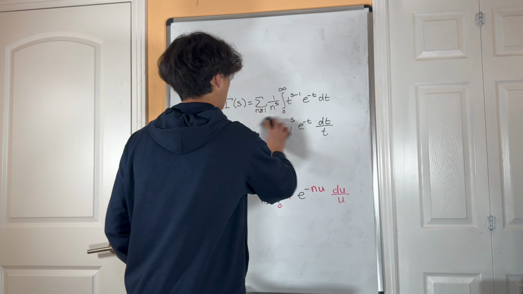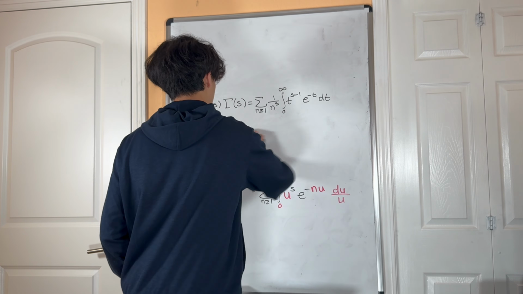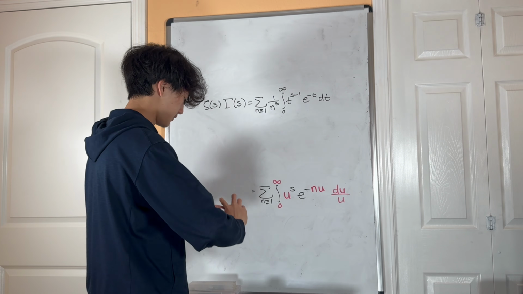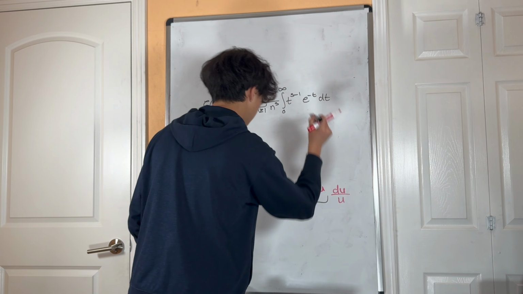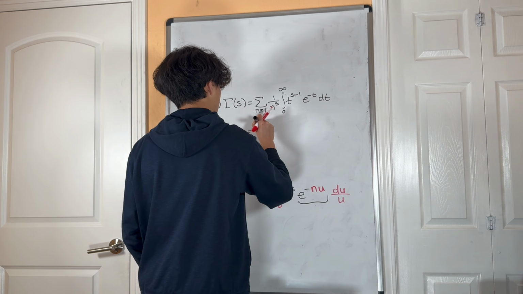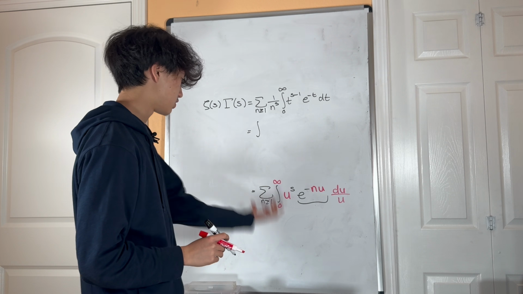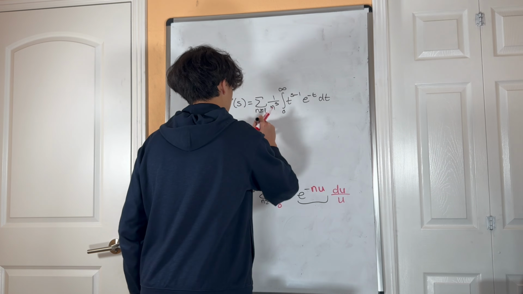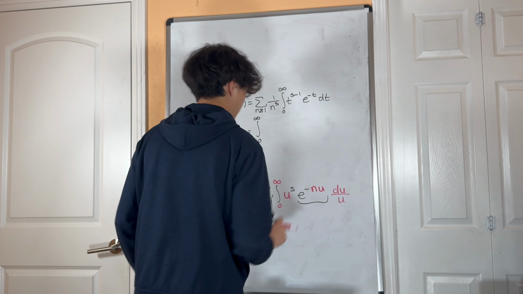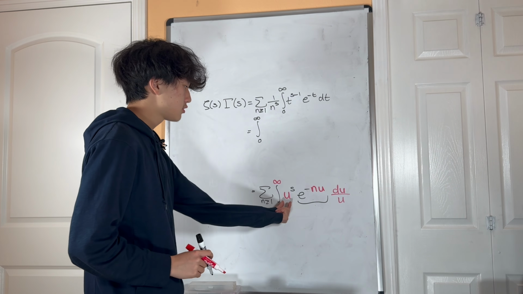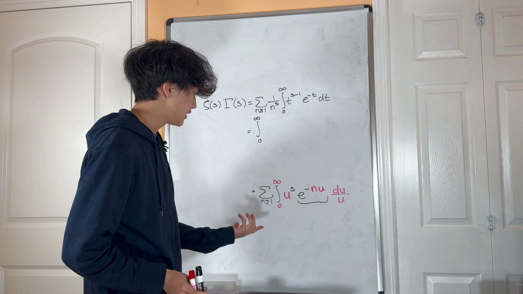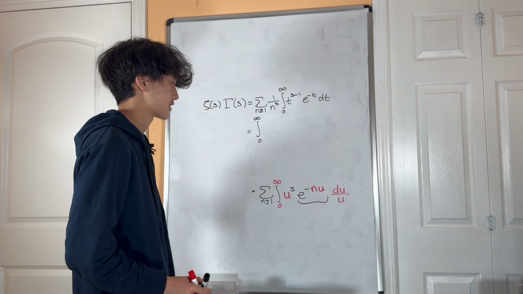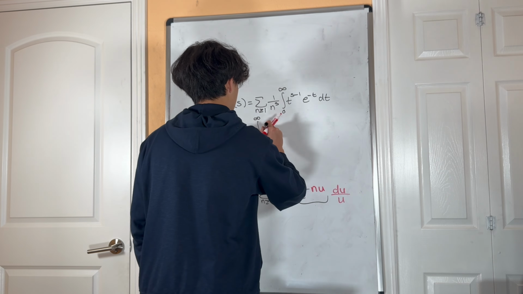So now let's go ahead and interchange the order of the sum and the integral. Why? Because of this guy right here. By dominated convergence, we get to interchange the two. So the integral is now on the outside. Now, this u to the s, we could keep it on the inside of the sum, but we don't need to because it doesn't have an n inside of it. It is independent of the index variable. So we could just take it to the outside.